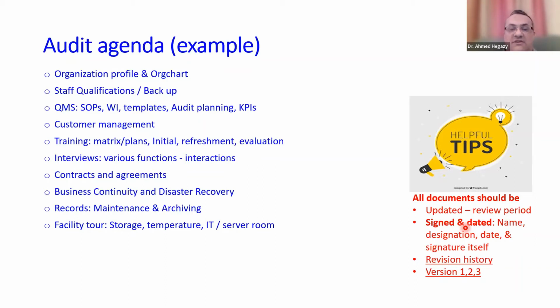Many quality documents have what is called version history and revision history. Version history, like the template itself, is version 2 effective 1st of Jan 2022. But sometimes within this document I do some updates, like a template for a job description. So someone joined, has his job description, puts his name, his title, and the rest is the same.